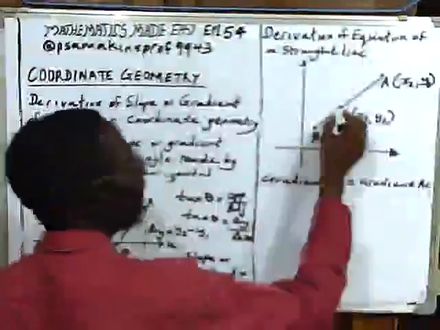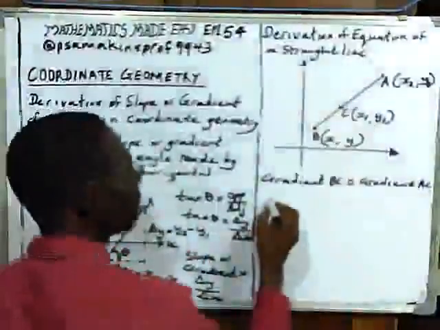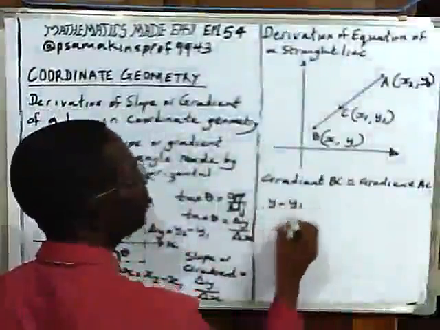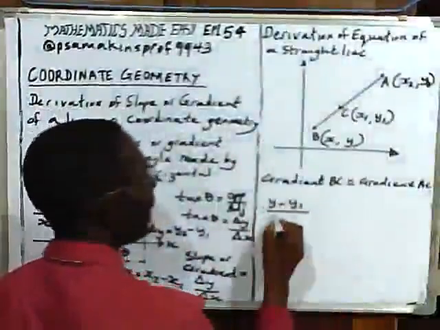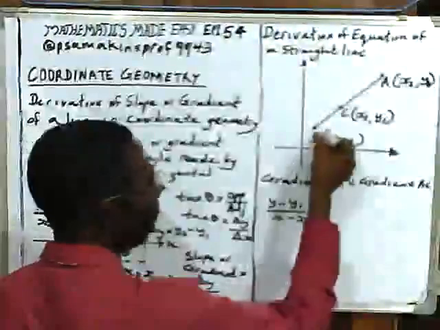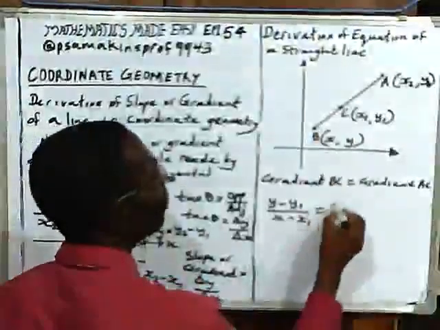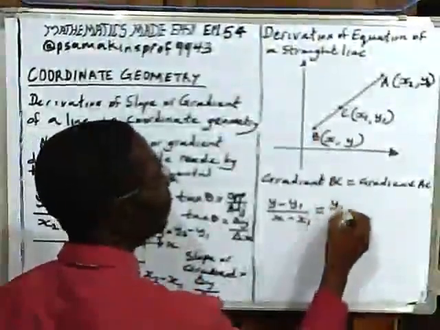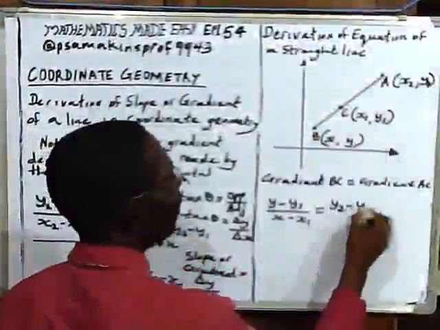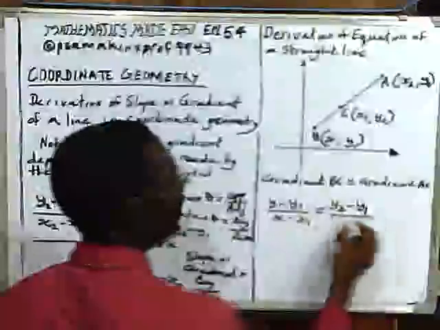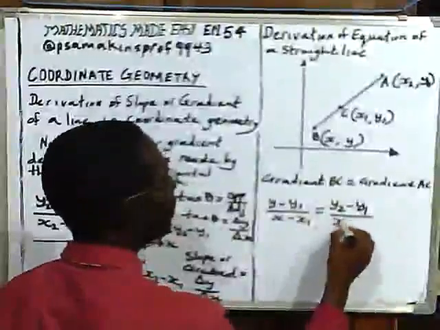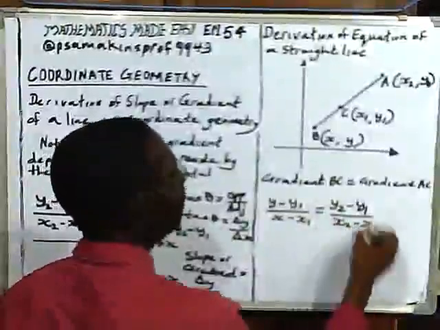So if I'm going to have that, that means my y minus y1 all over x minus x1, the slope, should be equal to y2, that is AC, minus y1 all over x2 minus x1.